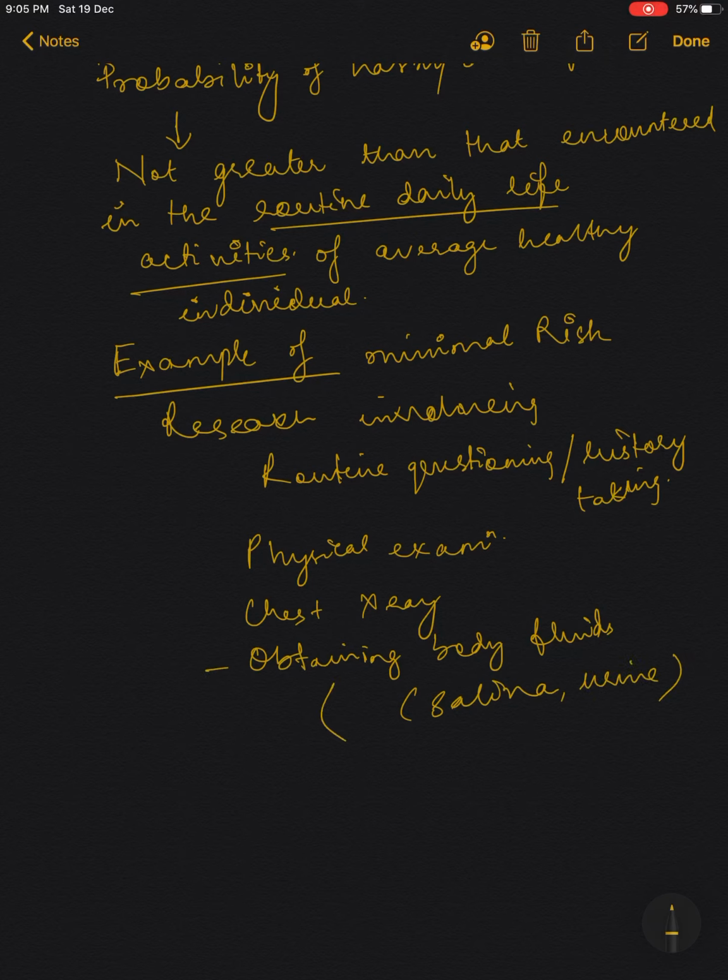And this obtaining of the body fluids should be without invasive intervention.